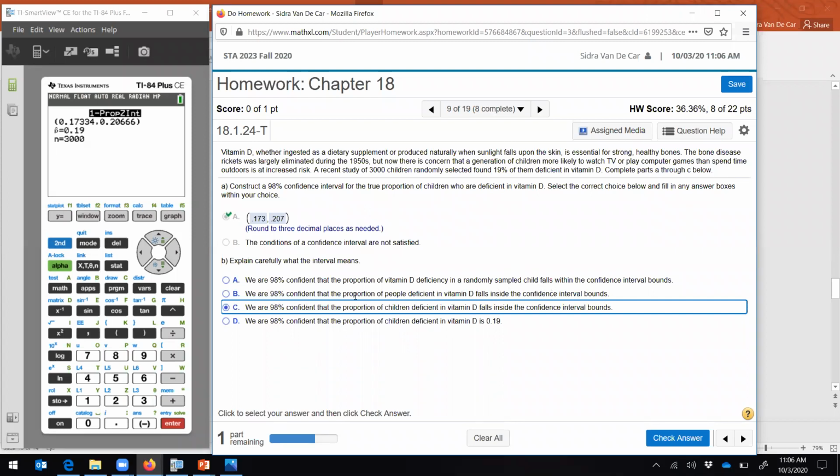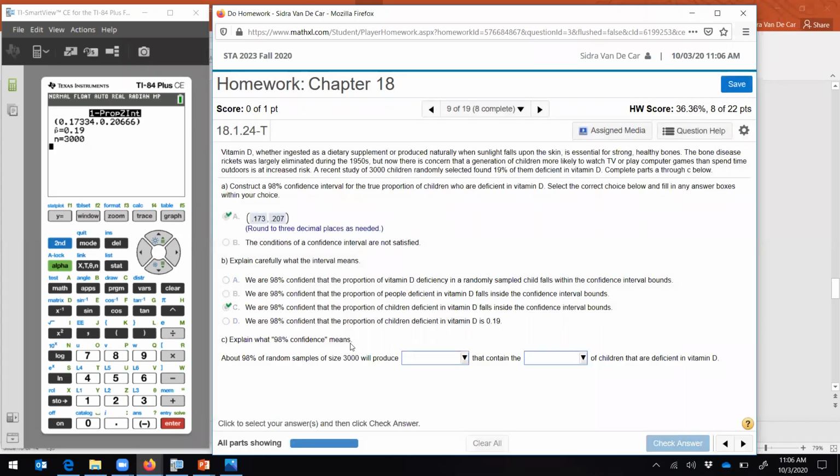The 98% confident that the proportion of people falls inside the confidence interval. Well, this isn't about all people, it's about children. So that's the third statement. 98% confident that the proportion of children deficient in vitamin D is 0.19. This is not about the value we got back from the sample. That's why we did bounds on it, right?